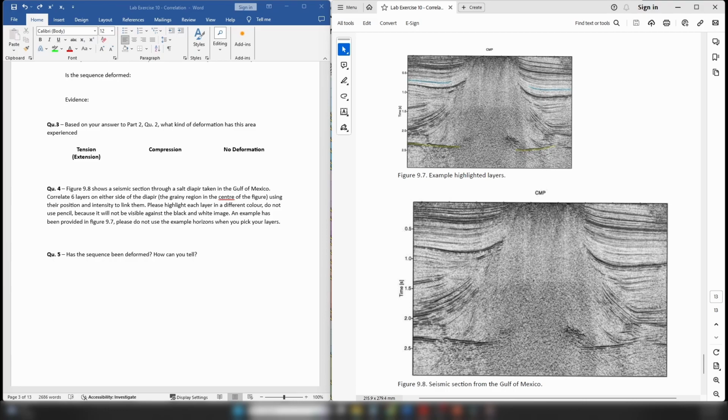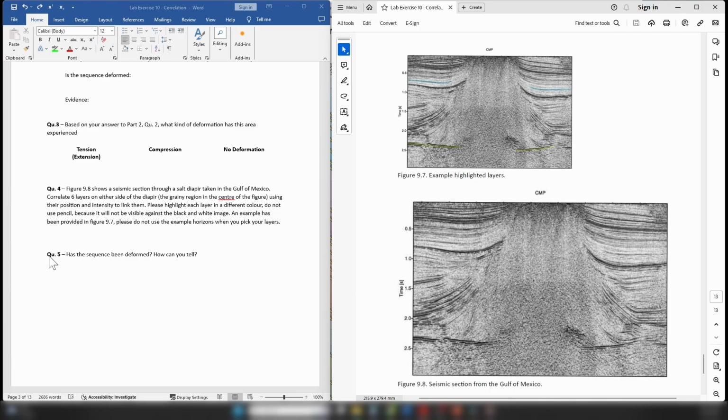Please do not mark them using pencil, because if you just draw a grey line here using your pencil, once you scan it and turn it into a PDF and send it to me, that grey line is not really going to be visible. So I'm going to assume that you haven't correlated and you're not going to get any marks. So please use colour to highlight the layers that you are correlating. And if possible, use 6 different colours, please.